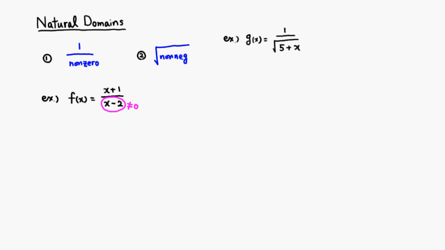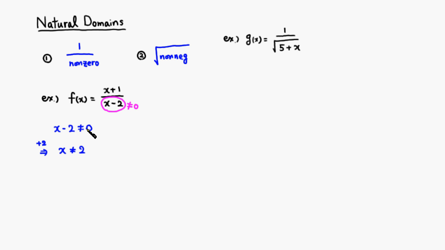So we have to solve x minus 2 is not equal to 0. Then you isolate x, add 2 to both sides, just like the equality, so you have x cannot be equal to 2.